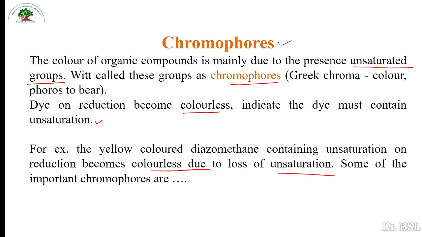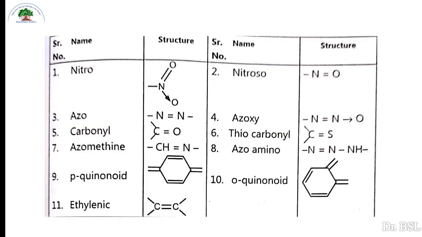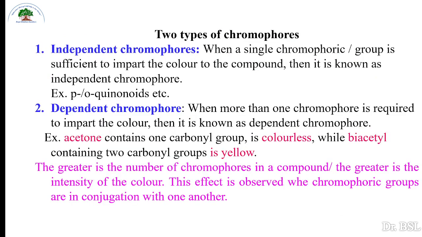Some of these important chromophores that we have already seen are: nitro, nitroso, azo, azoxy, carbonyl, thiocarbonyl, azomethine, azoamino, paraquinoid, orthoquinoid, ethylenic. These are some of the examples of chromophores.